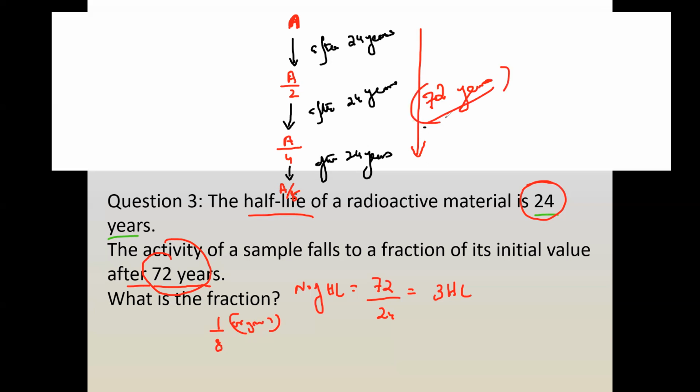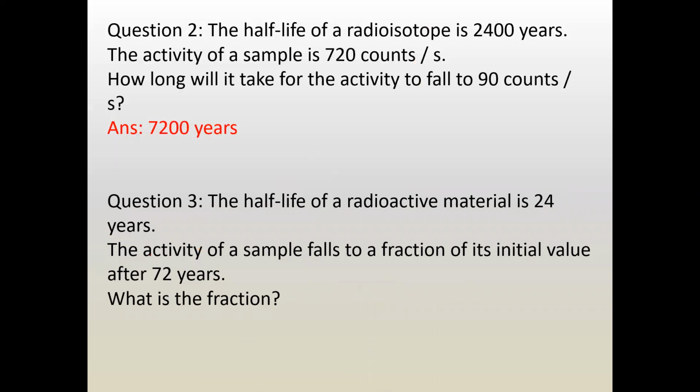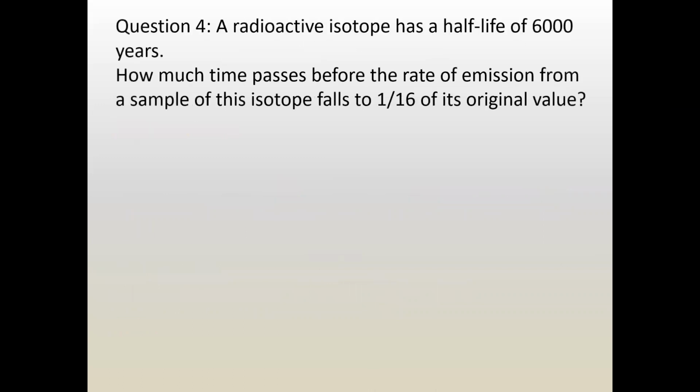So after 72 years, where the original sample was A, we are left with A by 8, or 1 by 8 of the original will be active. So 1 by 8 or A by 8, we can also say.